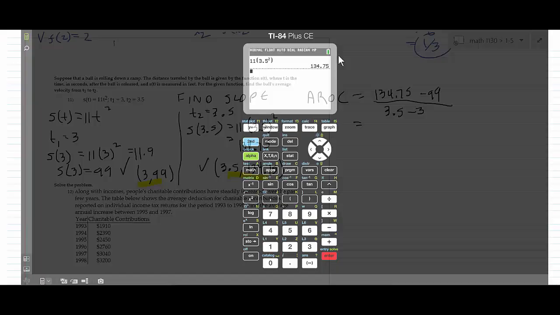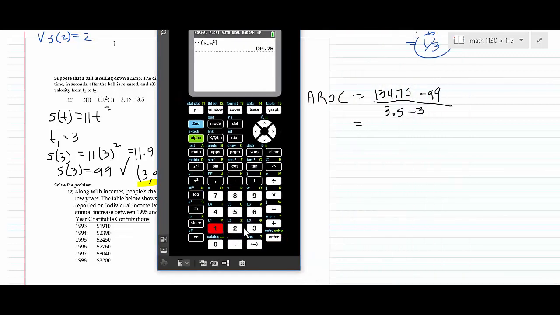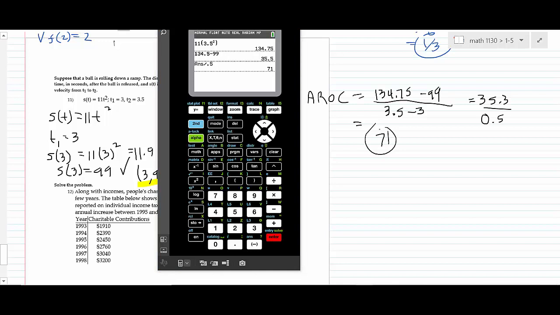So 134.75 minus 99, that's going to give me 35.75, and then the bottom is going to be 0.5. So I'm just going to take that number and divide it by 0.5, and that's going to give 71. So the average rate of change is 71.